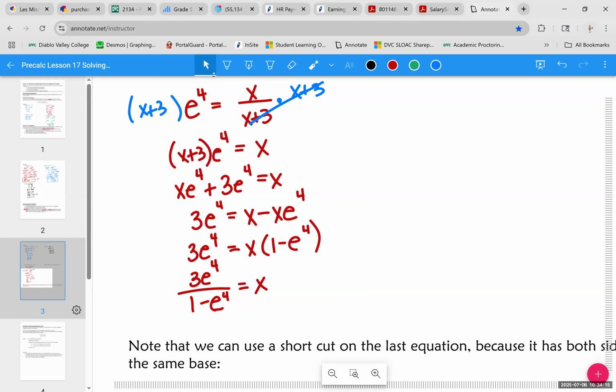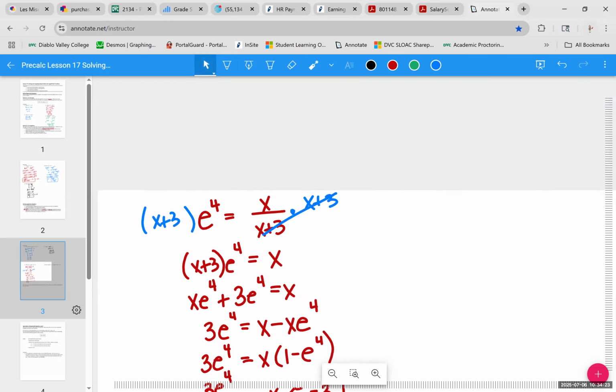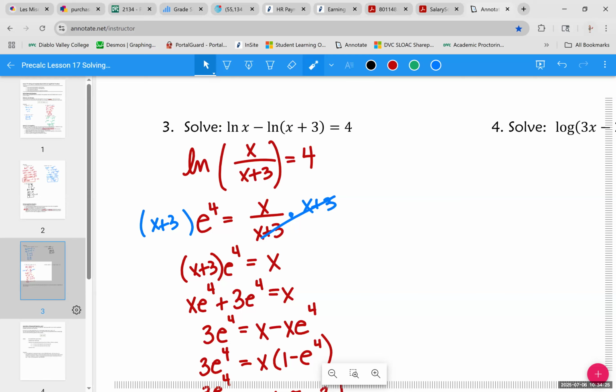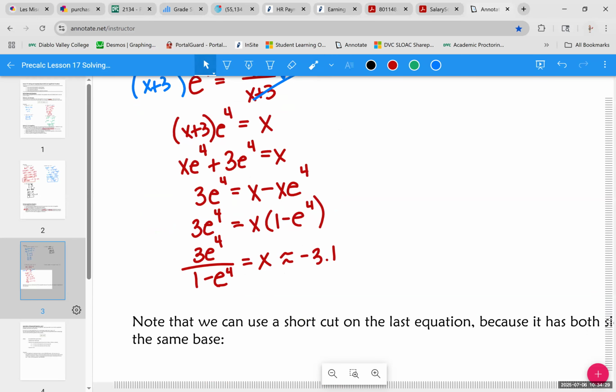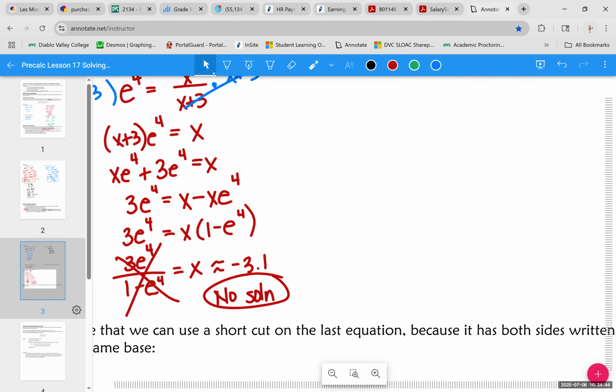I got a negative 3.1 if I round to the nearest tenth, which will not be in the domain of this equation. So that means I need to toss that. This is actually not an answer. And so this particular equation has no solution, since that was the only answer that I had, and it is not in the domain of the original function.